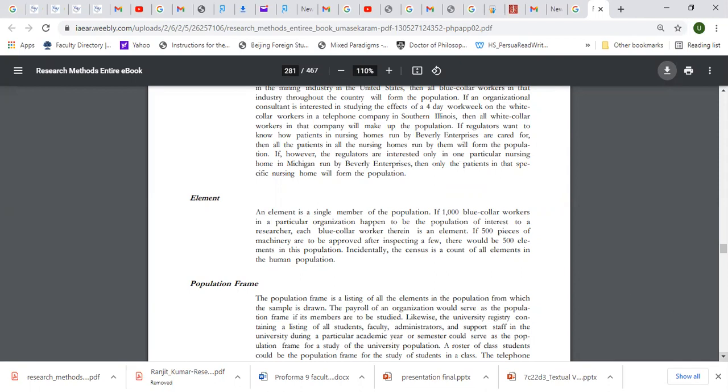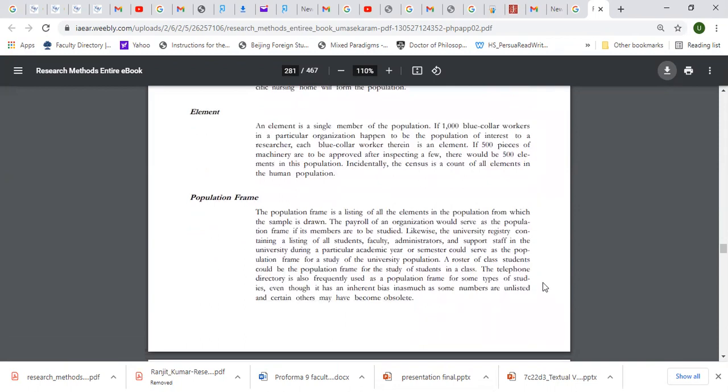Population frame. Population frame is the listing of all the elements in the population from which the sample is drawn. So for example, let's take the same example.